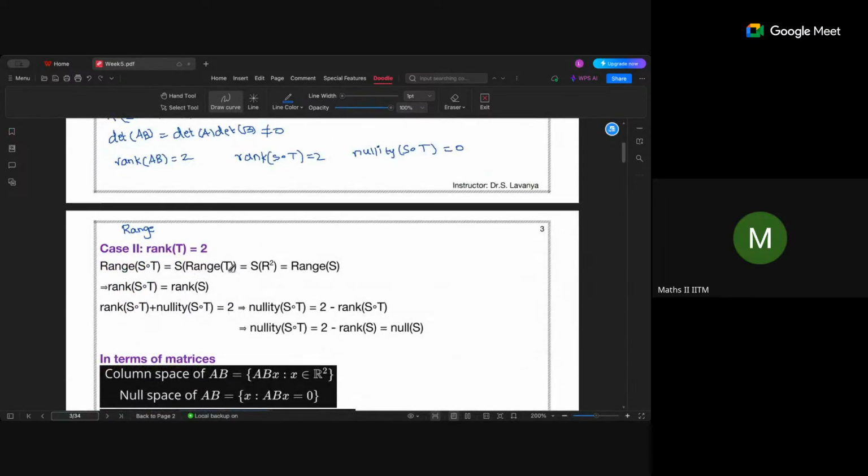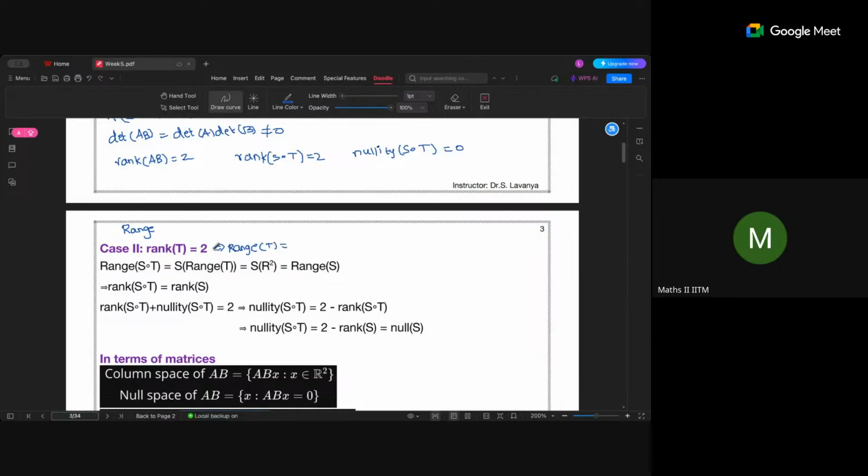So range of S composition T is equal to S of range of T. And what is range of T when rank of T is 2? Range is a subspace.